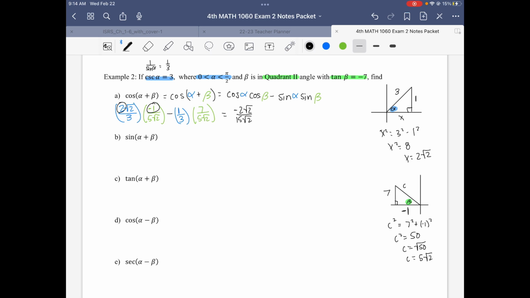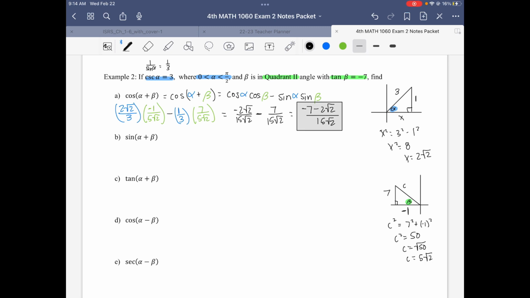Same here, the -1 and the 2 can interact, the square root of 2 cannot. So this would be minus 7 over also 15 square roots of 2, which is very convenient because we have a common denominator. So -7 minus 2 square roots of 2 over 15 square roots of 2. And as I said in the last video, you do not need to rationalize your denominator. You can leave it just like that.